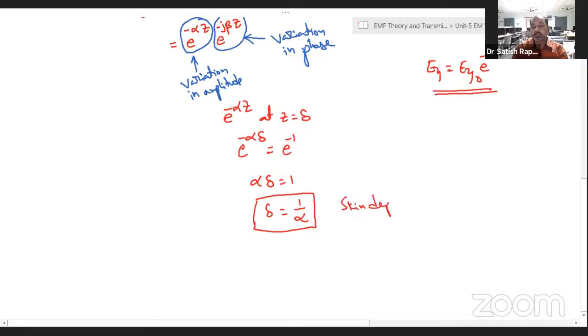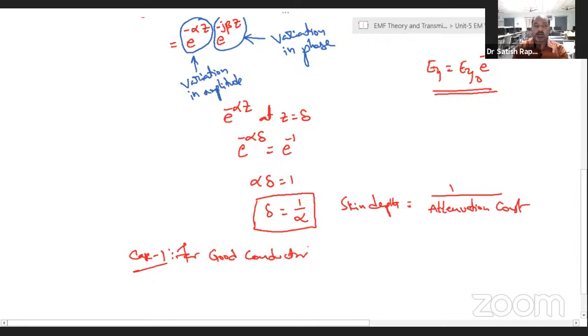So skin depth is equal to 1 by attenuation constant. And let us consider a case, for a good conductor.